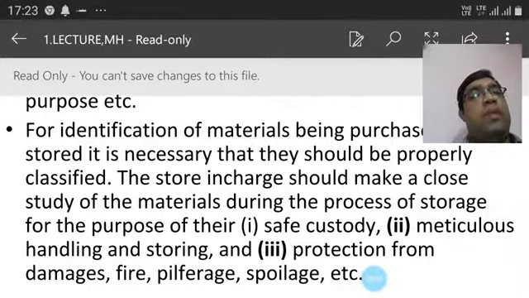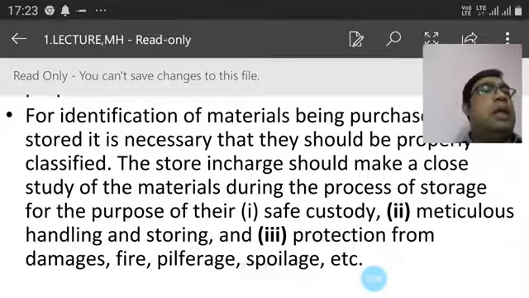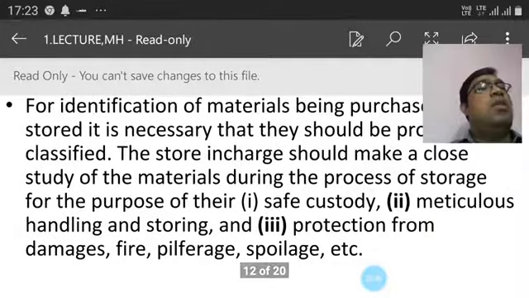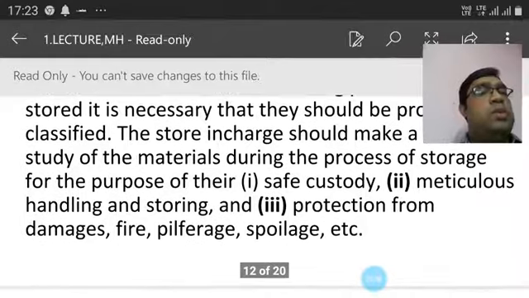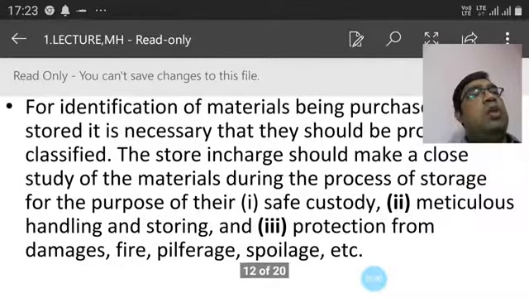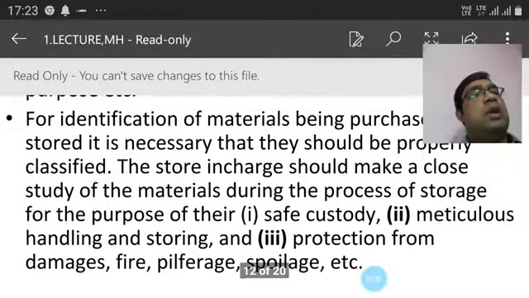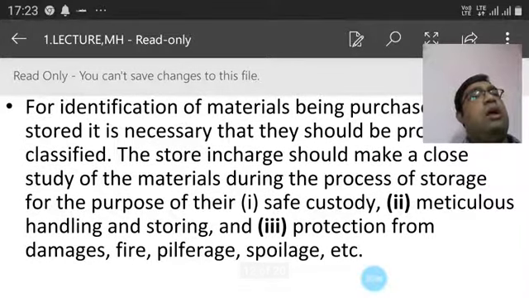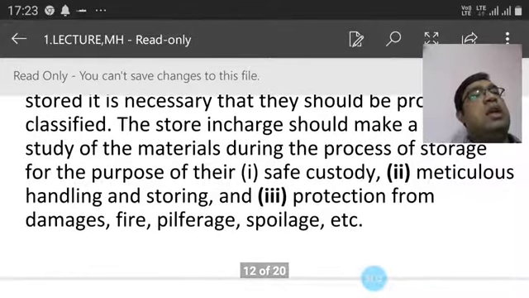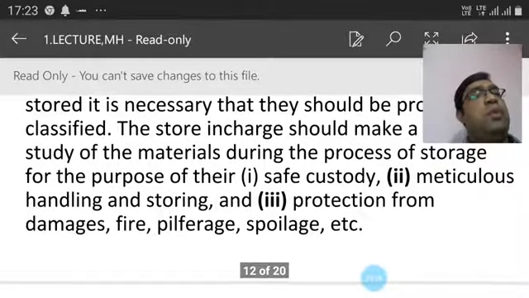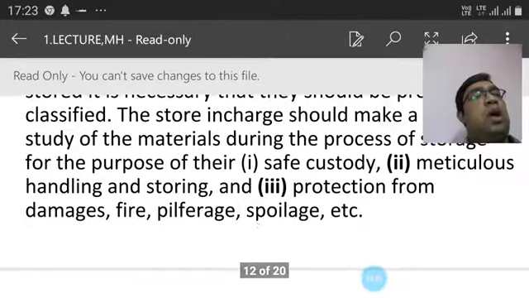Basically, at storage time, different types of purpose will be considered, according to the cost and the quantity of these materials, where these materials will be safe, where these materials will first be used in the industry, in which places you have to store these materials, and what types of movement will be required. All these things you have to consider according to your material storage.